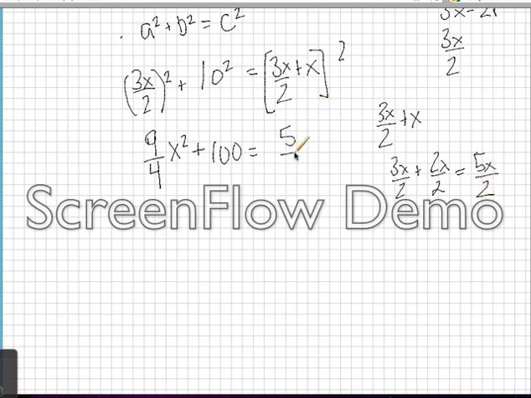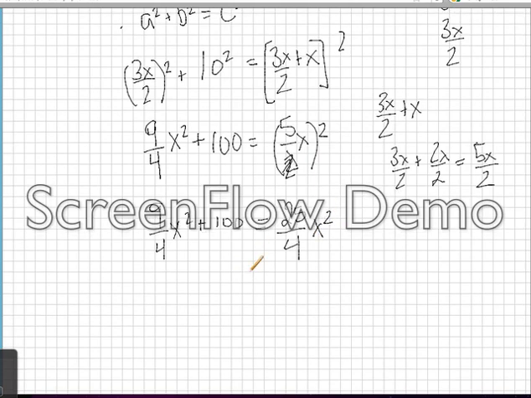So I have (5 over 2 x) squared on this side of the equation. Simplifying again, I have 9x squared plus 100 is equal to 25 fourths x squared.